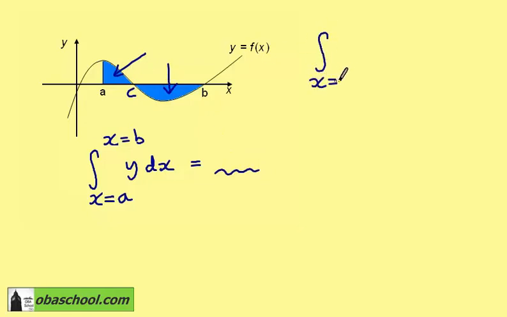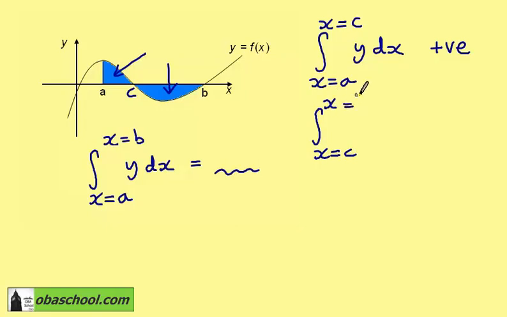To find the total blue area, we'd need to do x equals a to x equals c of y dx, and that would be a positive answer. Then we'd need to do the integral from x equals c to x equals b of y dx, which would be a negative answer.